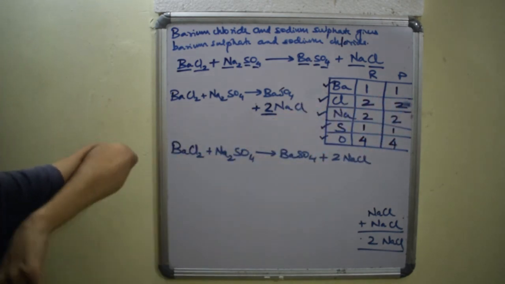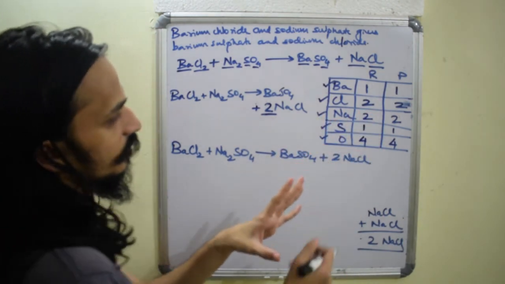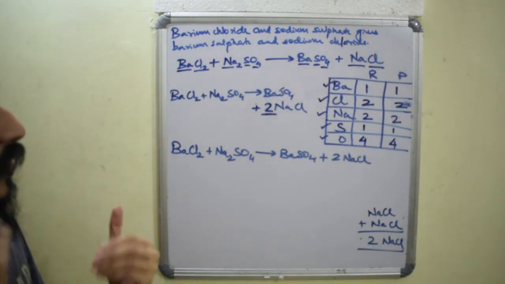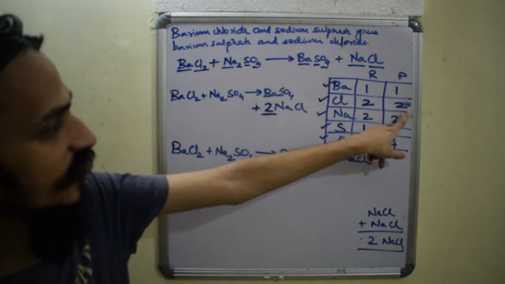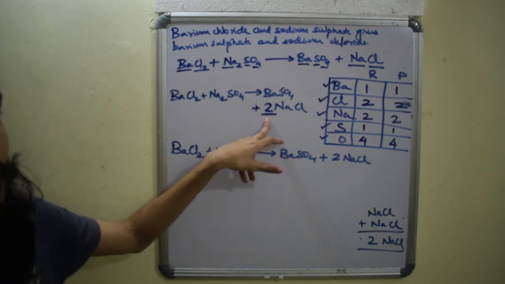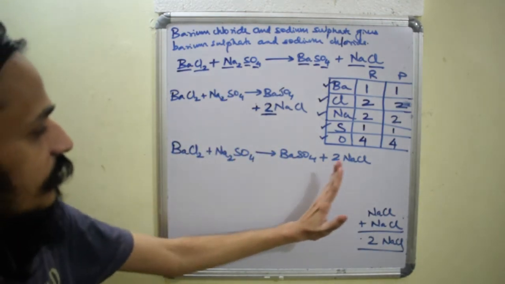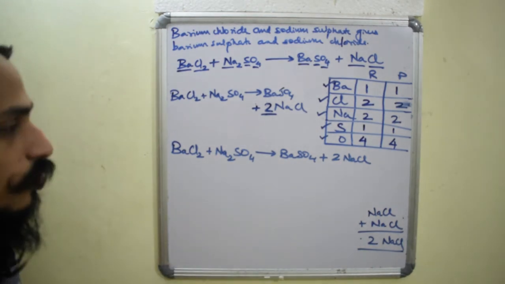Then figure out which ones are not balanced. In our case, sodium and chlorine were not balanced on the right side, they were less. To increase that, we multiply it with some number. Since it was 1, I multiplied it with 2, because 2 ones are 2. So now if I check over here, Na is 2, 2 into Na, which is again 2Na.